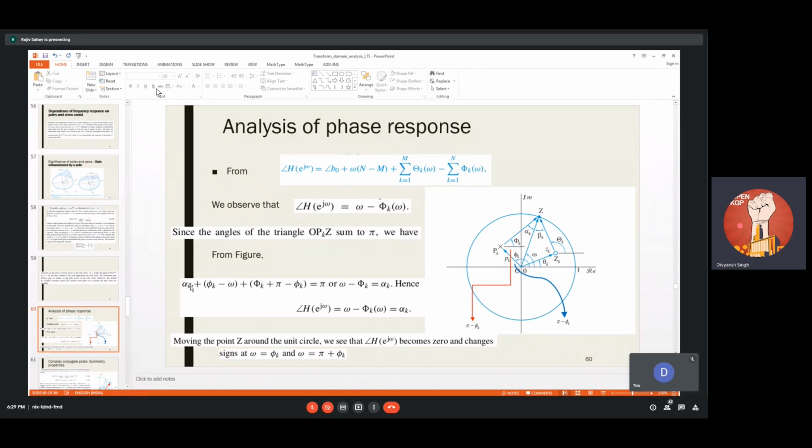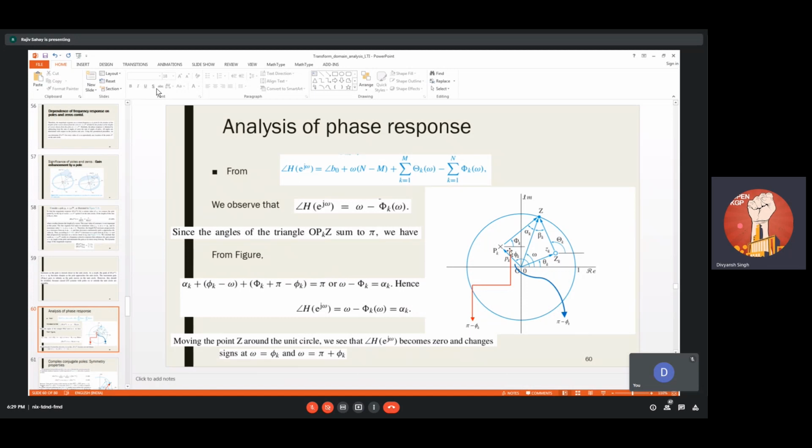So you can now write the sum of the angles inside this triangle equal to pi. So alpha k plus phi k minus omega. This angle is phi k minus omega, omega is here. Plus capital phi k plus pi minus small phi k.